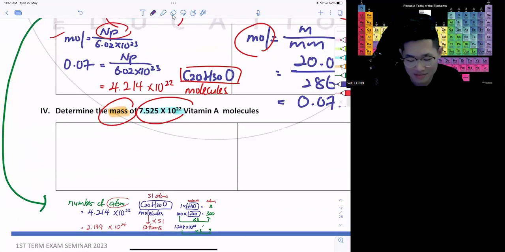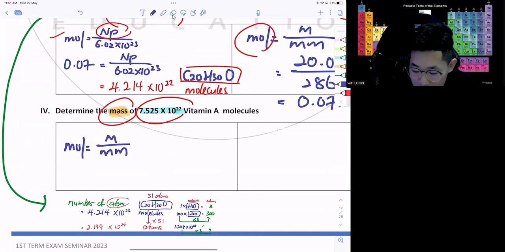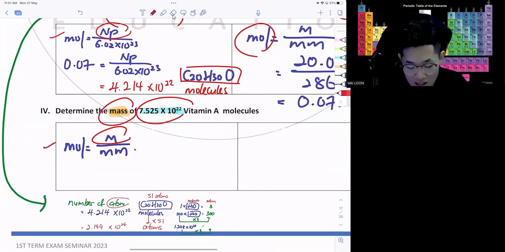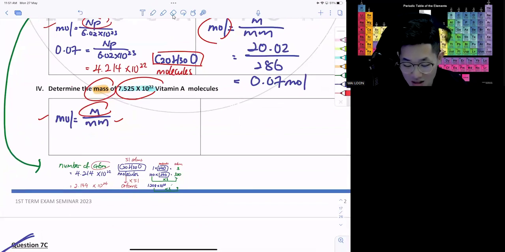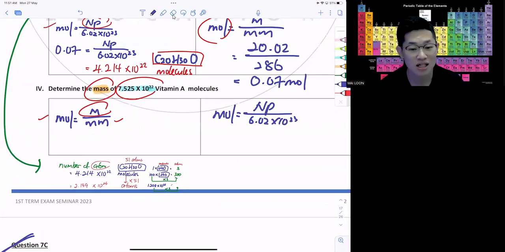Oh, very fast. So they gave me mass. I have to use mole equals to mass over molar mass. I'm looking for mass. I have to sub mole, I have to sub molar mass. They gave me this long number, which means I have to use mole equals to NP over 6.02 times 10 to the power of 23.